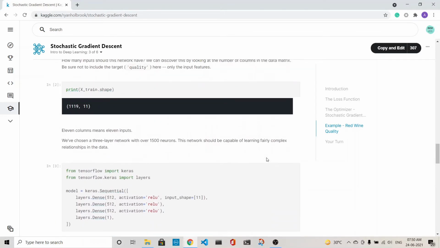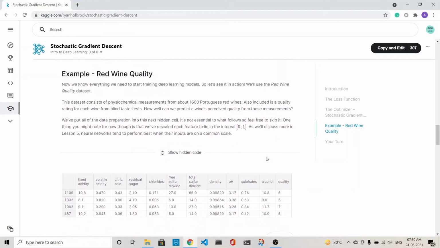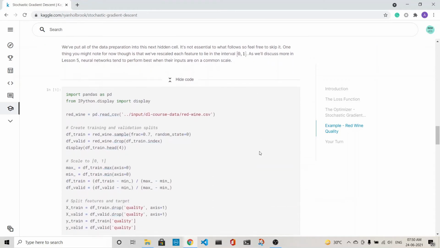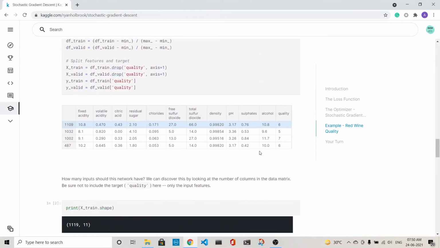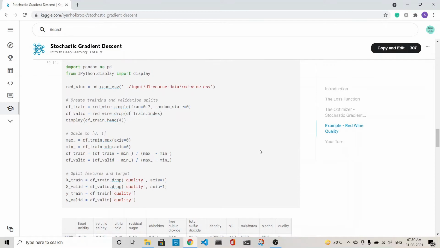So why is there a validation loss? Because when we prepared the data, we had divided the training data into two parts: actual training data and validation data, and a frac is 0.7. That means 70% is training and 30% is validation.